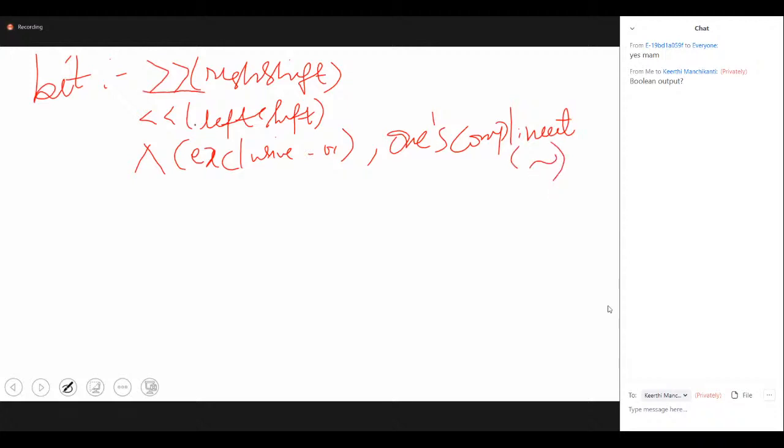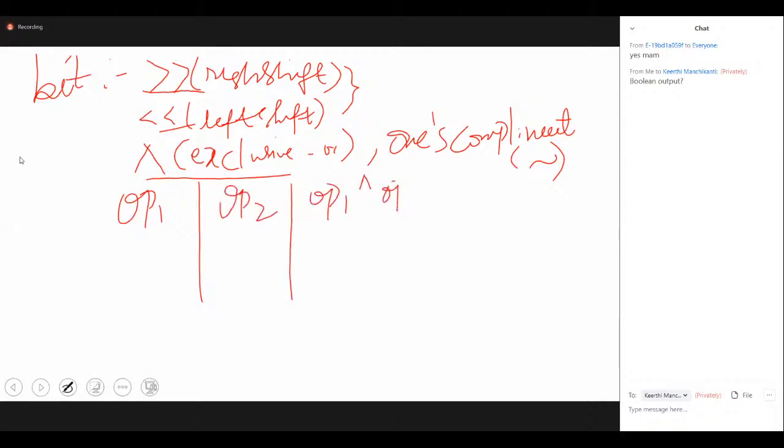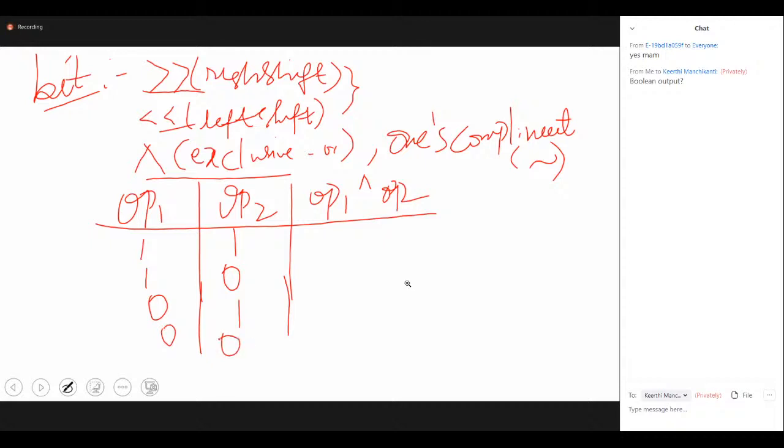Now, what is right shift and left shift? Before this, let me complete exclusive OR. For example, I have operand 1 and operand 2, and we are finding operand 1 exclusive OR operand 2. Here you don't have true or false; in bitwise, you represent only with ones and zeros. What exclusive OR does is, if all your operand inputs are similar, then your output is 0. As OP1 and OP2 both are 1, 1, your resultant automatically becomes 0.